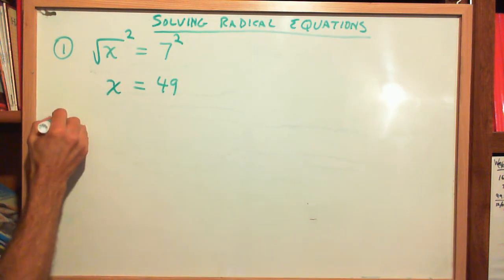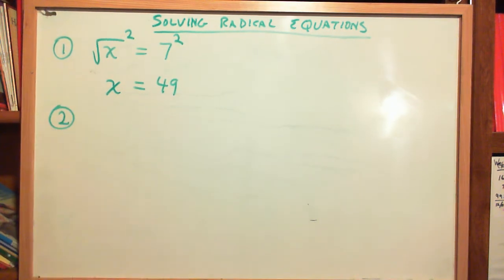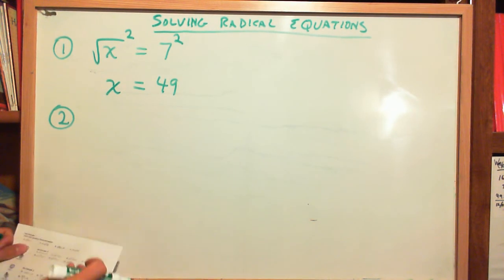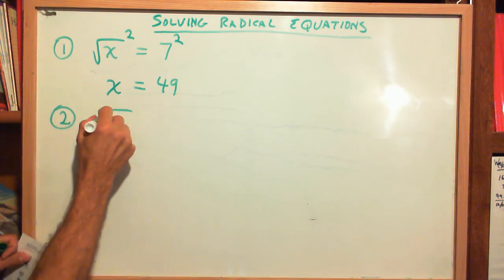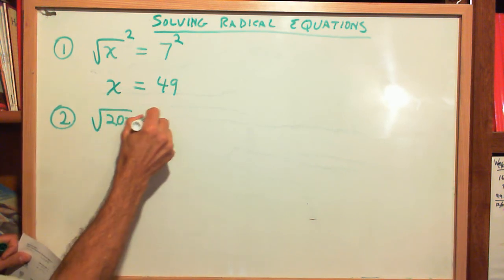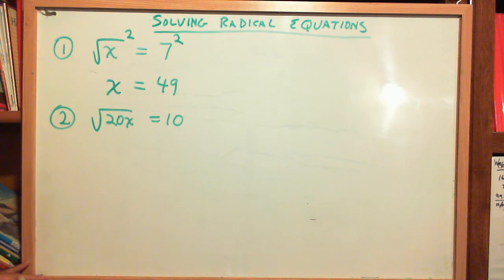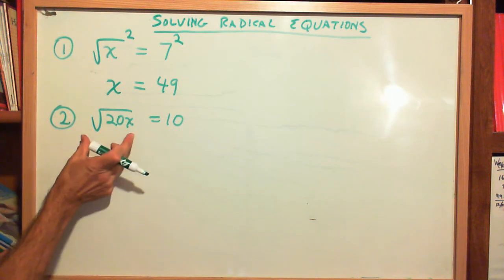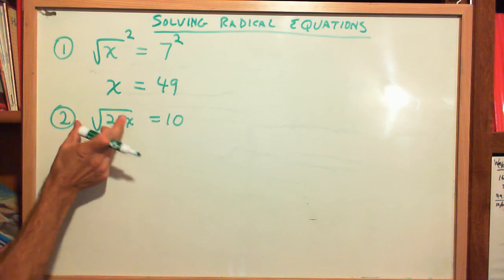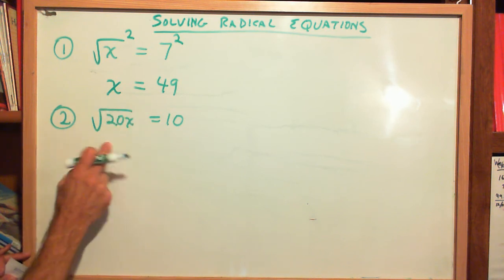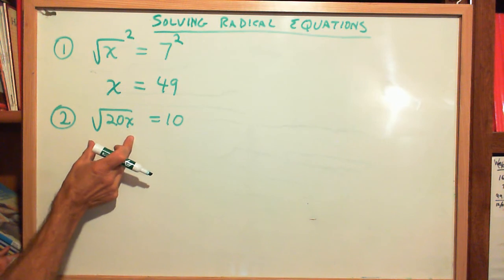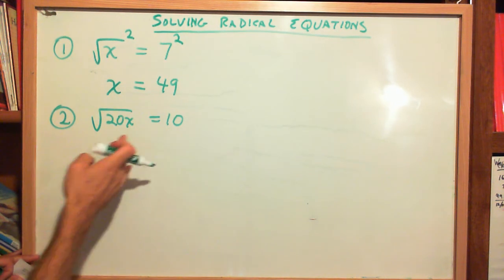Pretty straightforward. Let's try another simple one. What about the square root of 20x equals 10? Well, I see I have a radical sign and then stuff underneath it. It's the only thing on this side. That is already isolated. There's nothing else to the left or to the right of it.